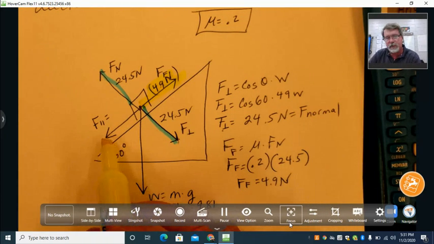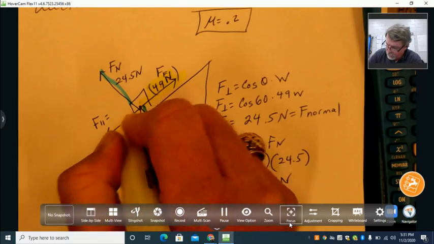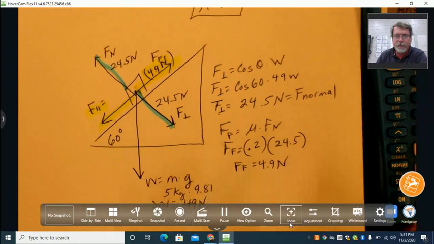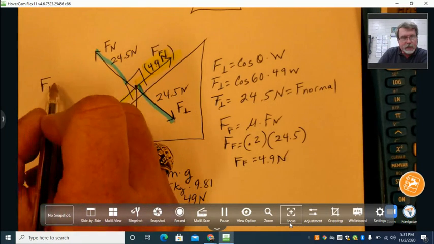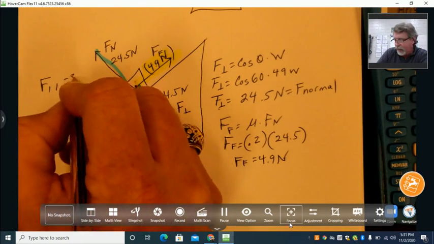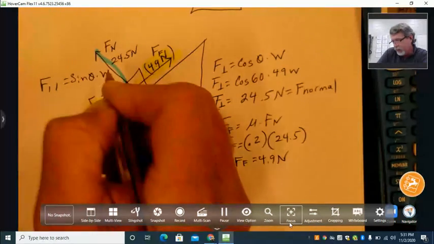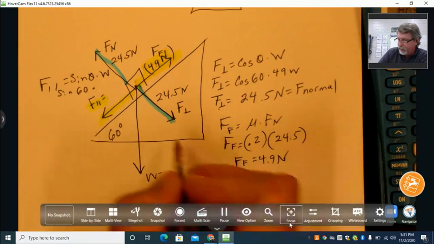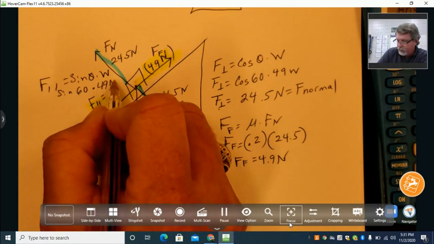So the last piece to find is how much force is gravity exerting down the hill? How much force does gravity have in this direction? And that's our force parallel. So force parallel is simply the sine of theta times weight. So it's the sine of 60 degrees times the weight, which we know is 49 newtons.